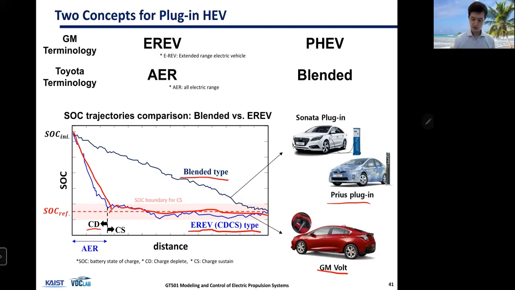And that's because this split type architecture has two motors anyways. So if you use this generator and motor as motor in EV mode, which is sometimes called two motor EV mode, then you can provide higher power. So you can work as a pure EV.